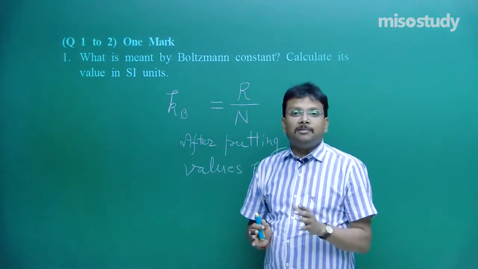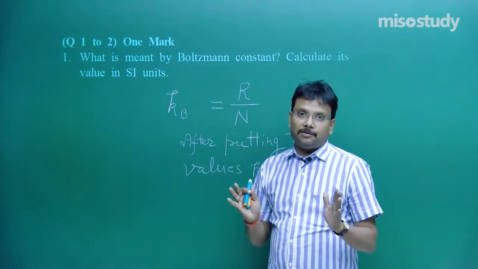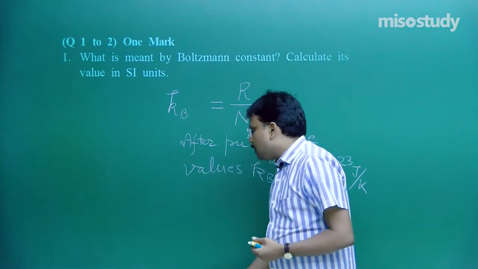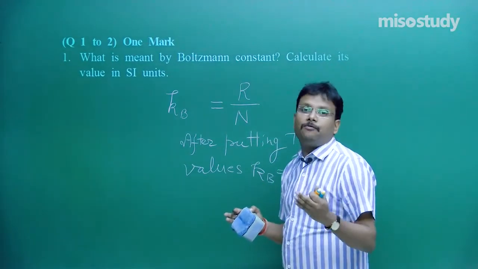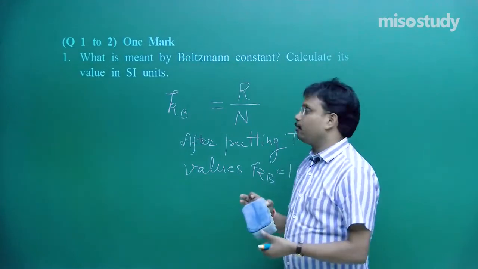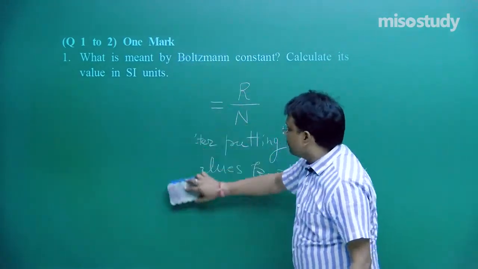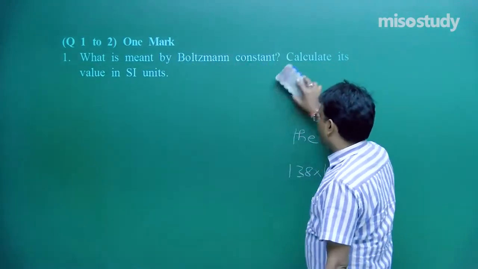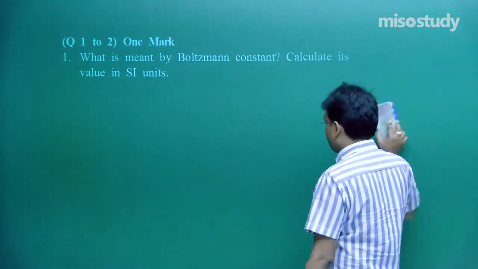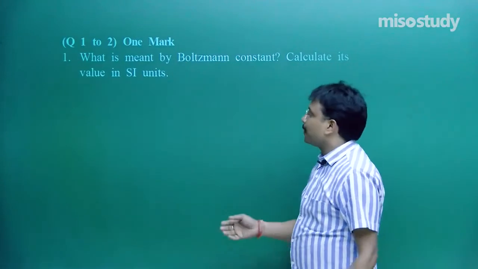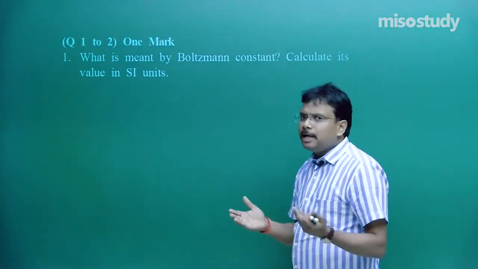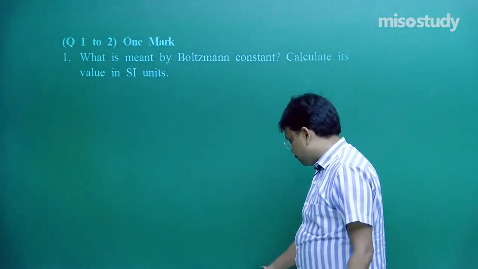Again and again I am explaining this strategy. The time saving you start learning here will be very useful for you in competitive exams also. So this is the answer to this question: the Boltzmann constant value and its units. After mentioning this you will get 1 full mark.